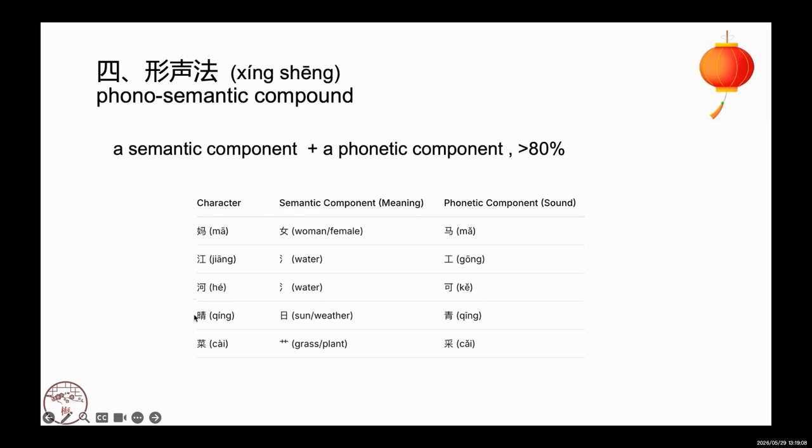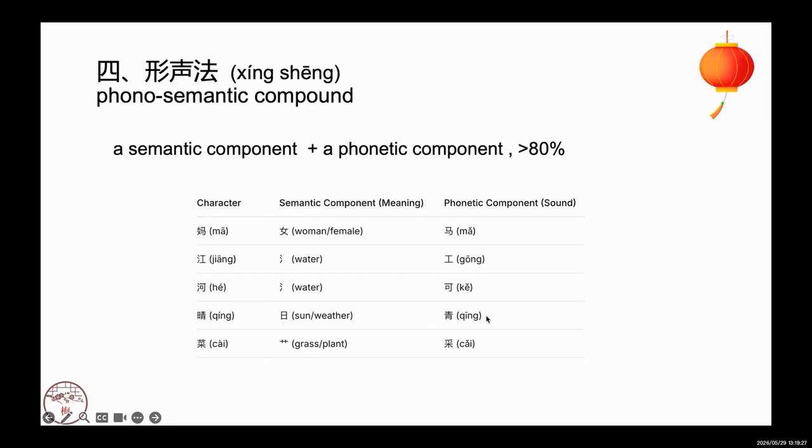The fourth one, 晴. This word means sunny. There is a sun. The weather is sunny. The left part is the character for the sun. The right part pronounces like 清.